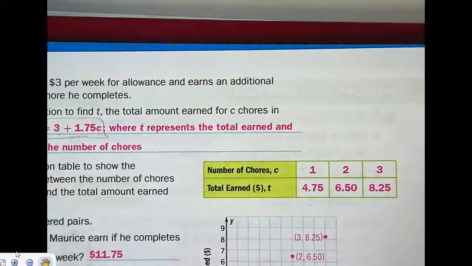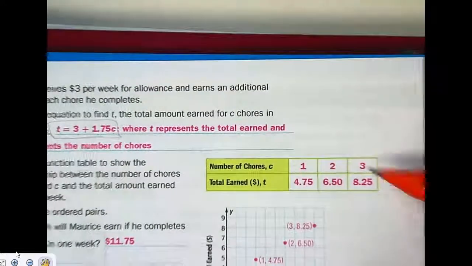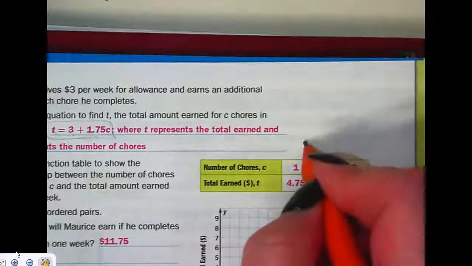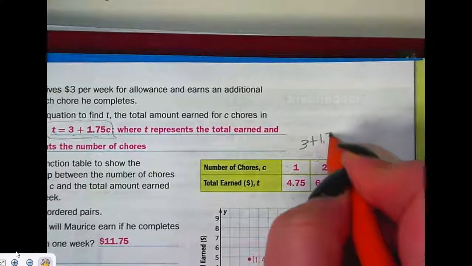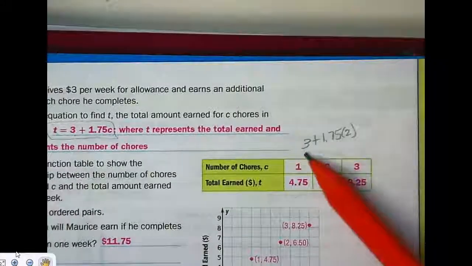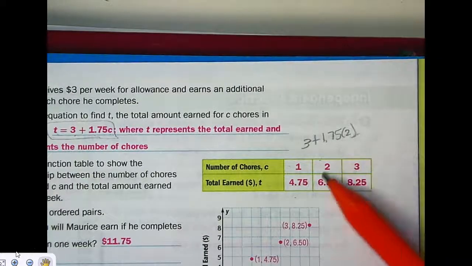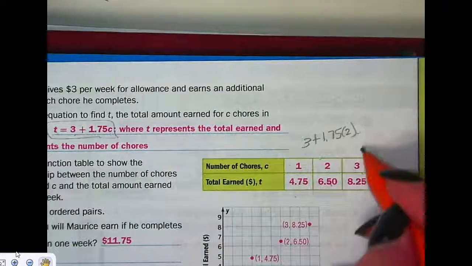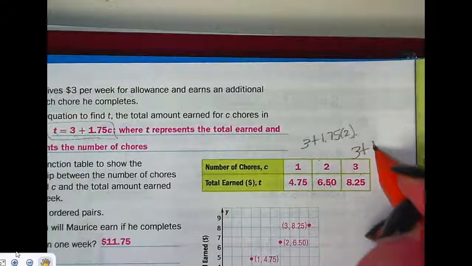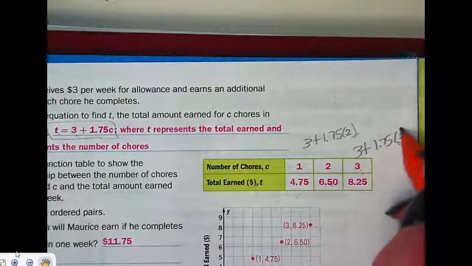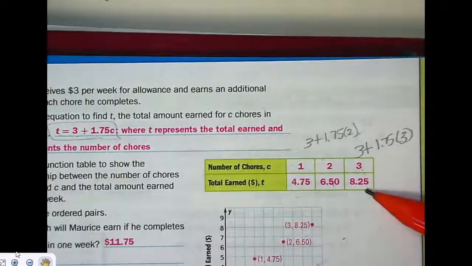I saw lots of people didn't have this done on the back. 2 chores is $3 plus $1.75 times 2, and you get $6.50. What's the equation for 3? $3 plus $1.75 times 3 chores. And you should get $8.25.